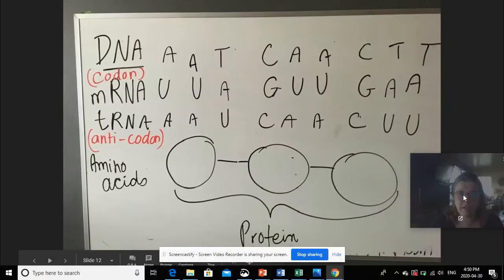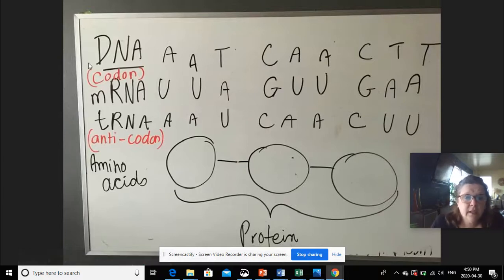Okay, so what we're looking at here is a strand of DNA, first of all. And again, this is just a random strand that I made up. It's got A's and T's and C's. It doesn't have any G's, but again, it's random. And here I have transcribed this strand of DNA into mRNA.